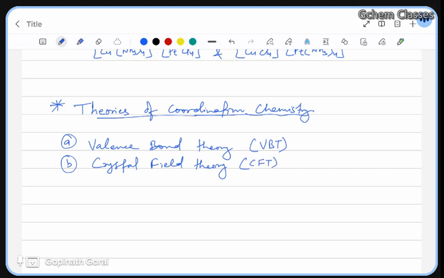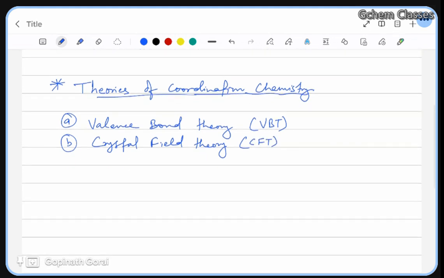I hope you have understood this; you have already heard this. And then the third one is molecular orbital theory, which we call MOT.